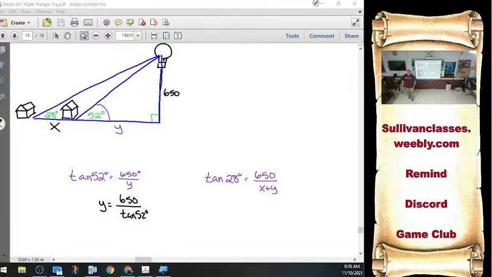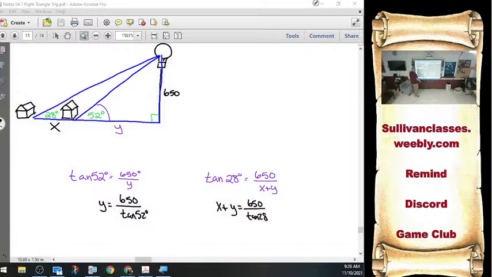Do you want to say y is 650 over tangent of 52 and put it on the denominator there with x, resulting in a compound fraction? Or swap your means and extremes. x plus y is 650 over tangent 28. Isn't that means and extremes thing saving us a little bit of time there?